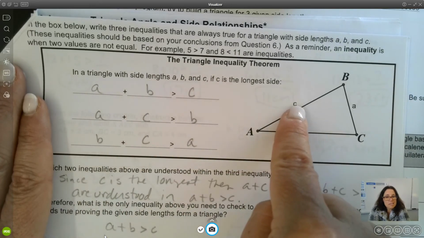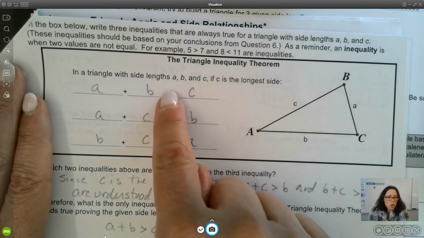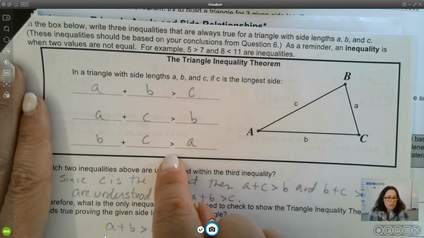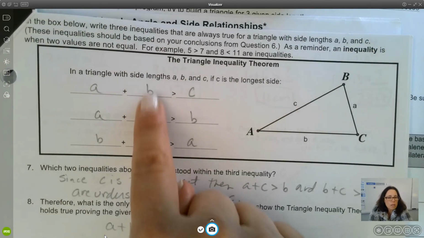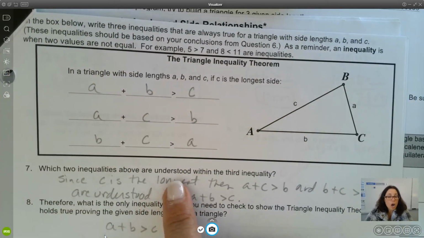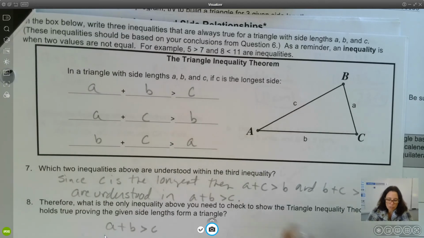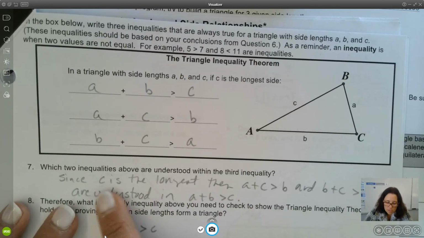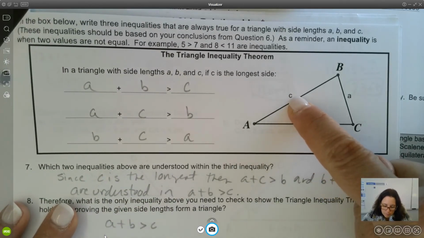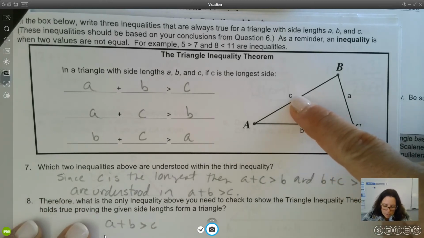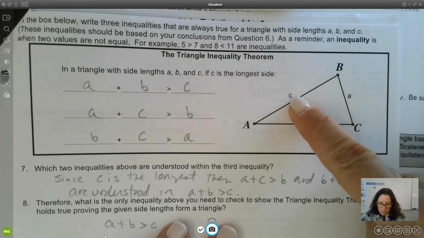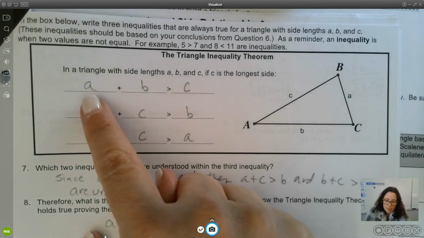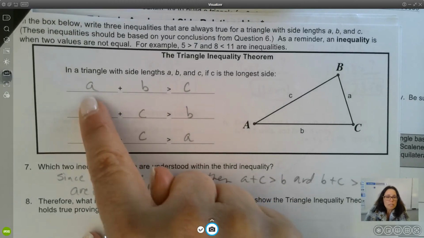They're saying that C is the longest side. Now it's really important to understand you don't need to check all three. There are two inequalities up here that are understood within the third one. If C is the longest, this is the only one you really need to check.